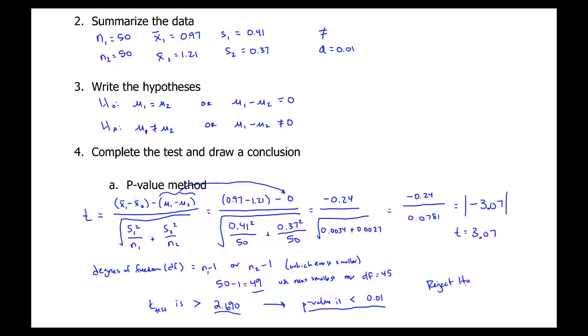The null hypothesis was that our two groups are the same, so our conclusion would be that the two groups are different. So the two treatments that they're studying are not equally effective. The two groups had different results.